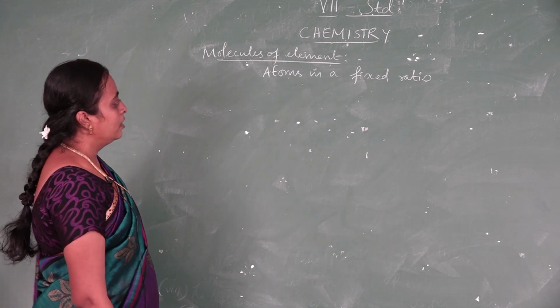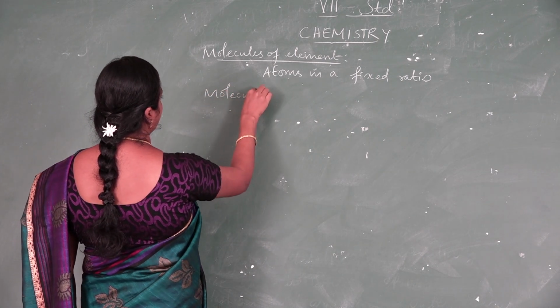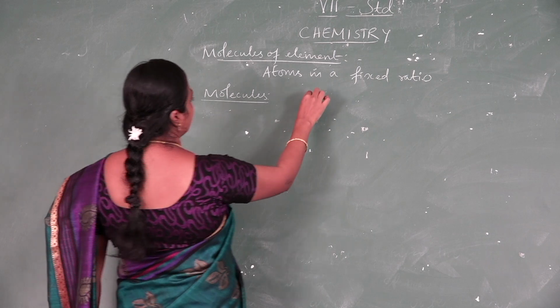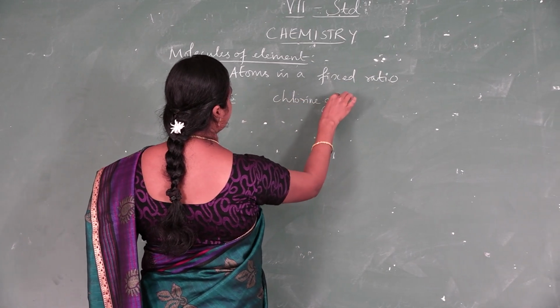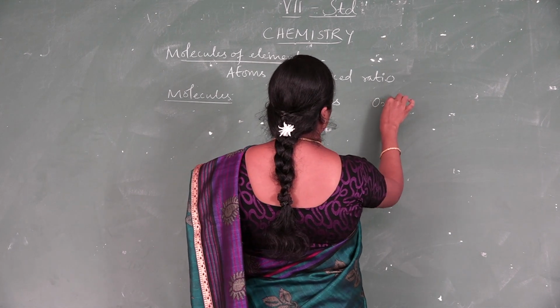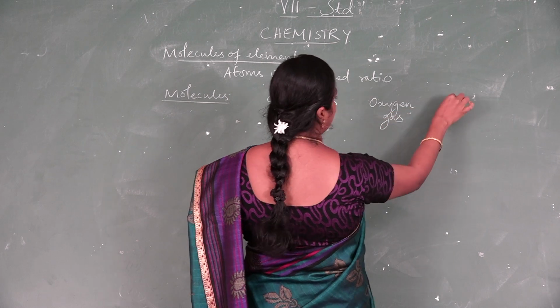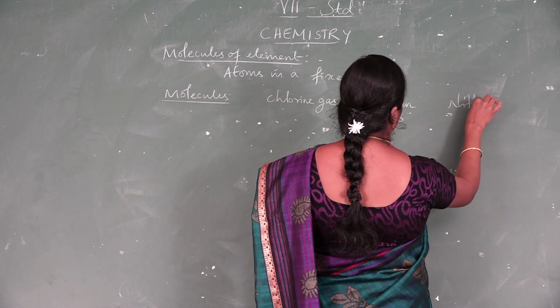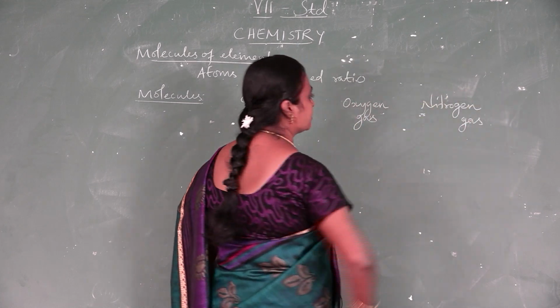So I can give an example for this molecules of an element. That is, if I am taking a molecule, I can take chlorine gas, and oxygen gas, and if I am taking nitrogen gas.